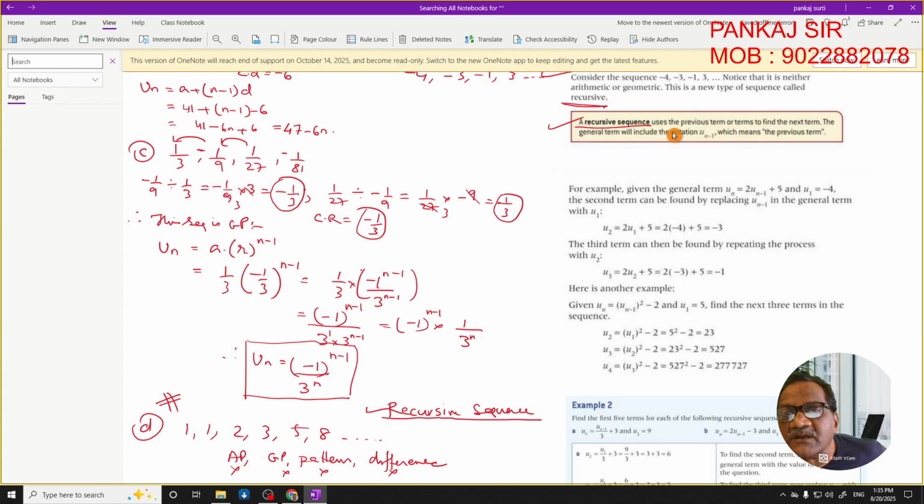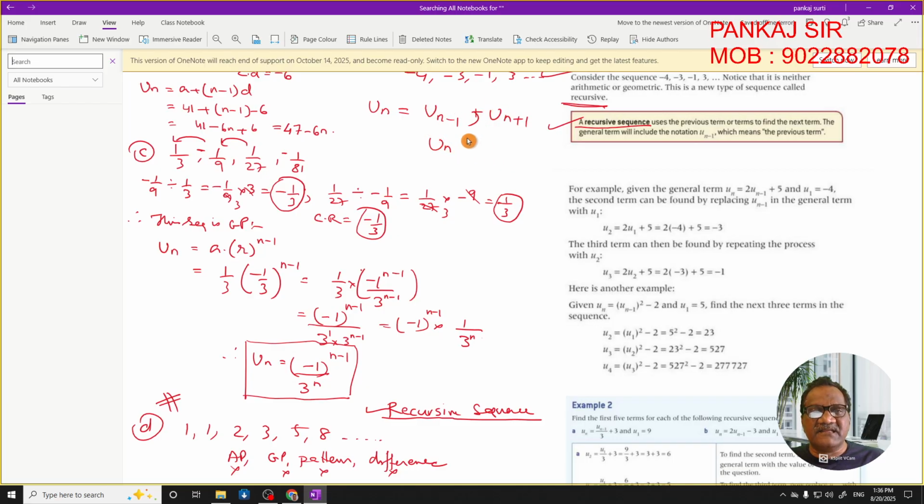It makes use of the previous terms along with the successive terms. The general term includes the notation un minus 1, which means the previous term. So if it's a recursive sequence, it will have some general term. Suppose the general term is un. In this general term, you will have notations like un minus 1 and un plus 1.